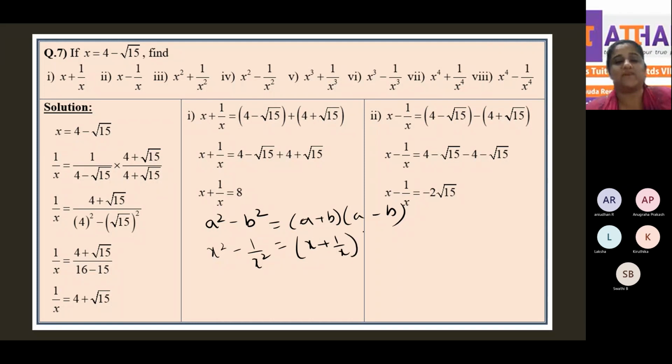A square minus b square is a plus b into a minus b. So x square minus 1 by x square is x plus 1 by x into x minus 1 by x. Correct. Very good. Understand all of you? Now what is the value of x plus 1 by x? 8. What's the value of x minus 1 by x?